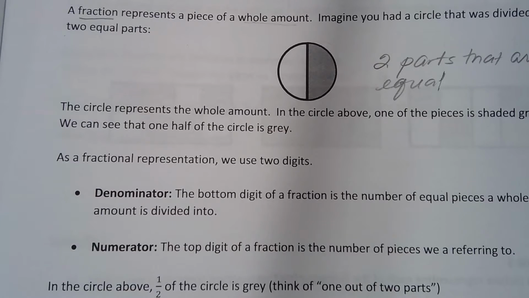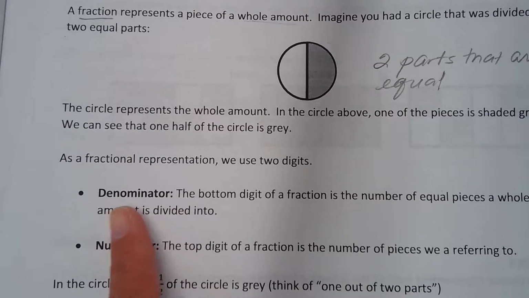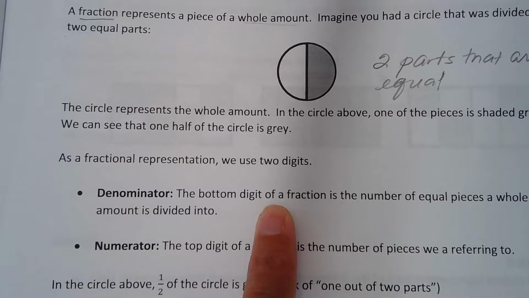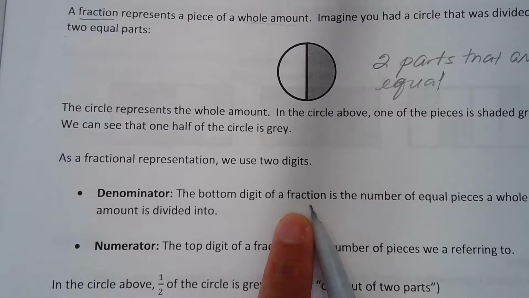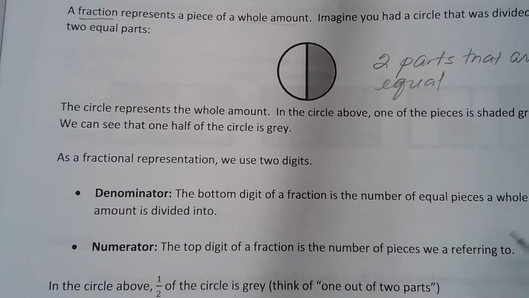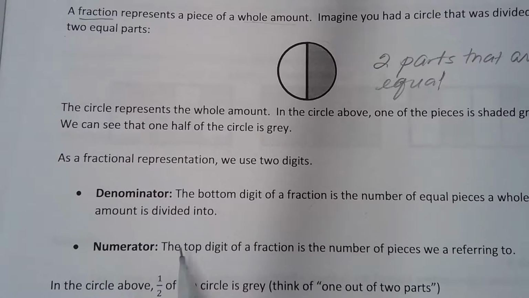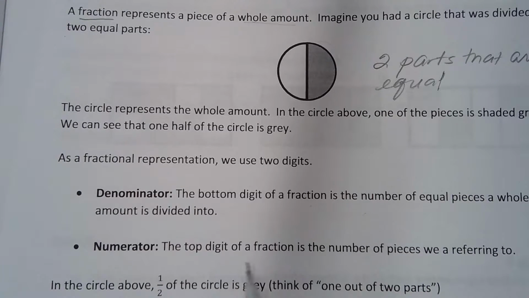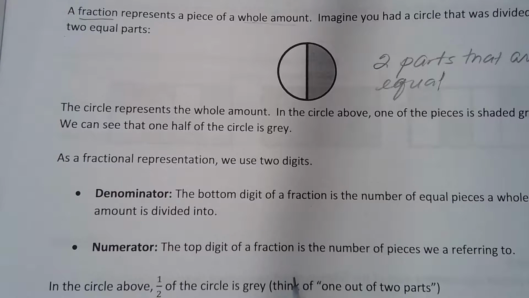The denominator is the bottom number of a fraction, and it is the number of equal pieces of the whole amount. The numerator is the top number, which is the number of pieces we are referring to.